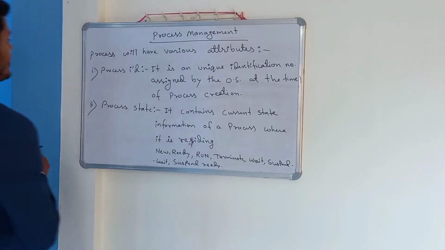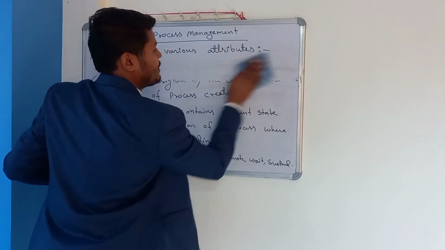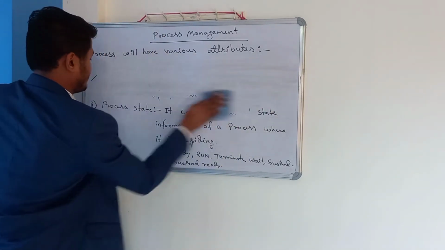After this, we'll see the next attribute, that is priority of a process.